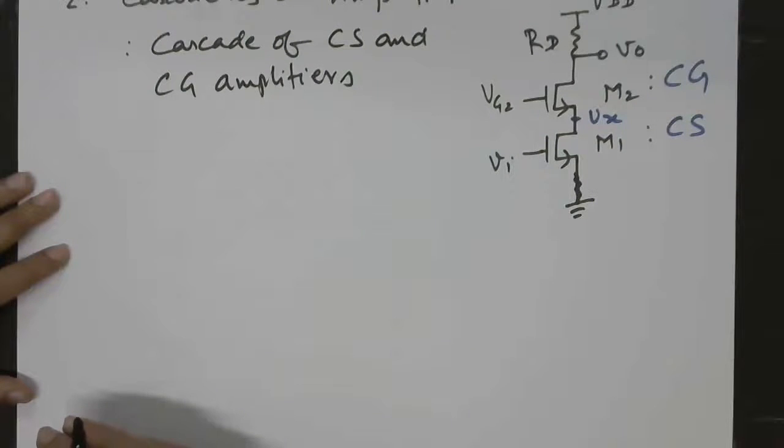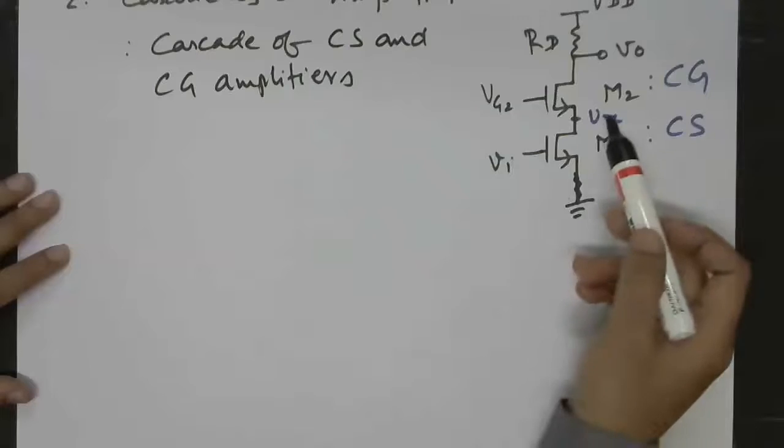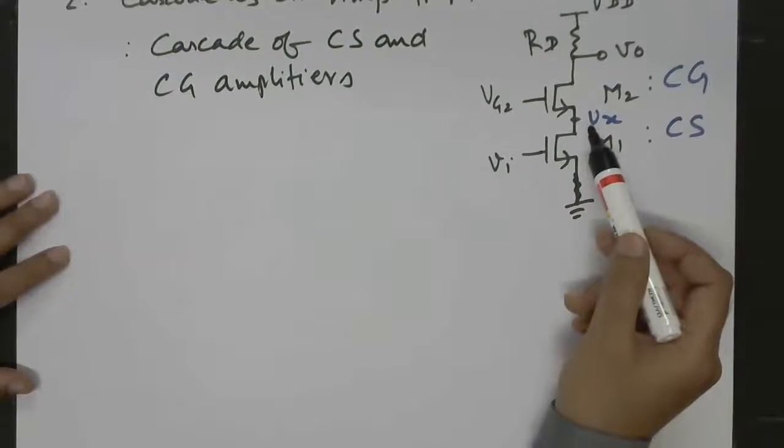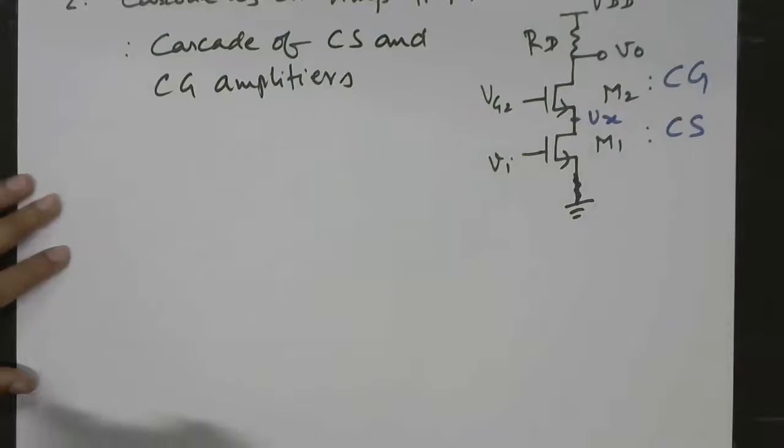So I have already pointed out that we consider this configuration only when we want to include the channel length modulation. So for the current source, we have already seen that if we neglect the channel length modulation, then a single MOS acts as a perfect ideal source and there is no point in going for the cascode configuration.